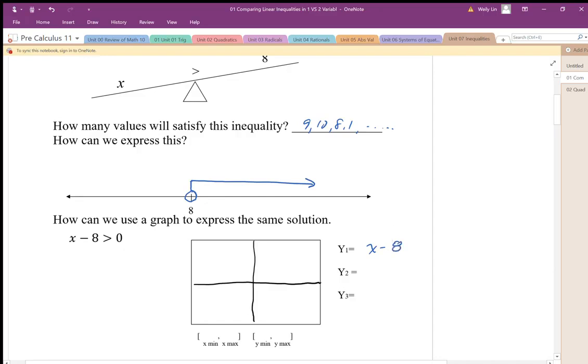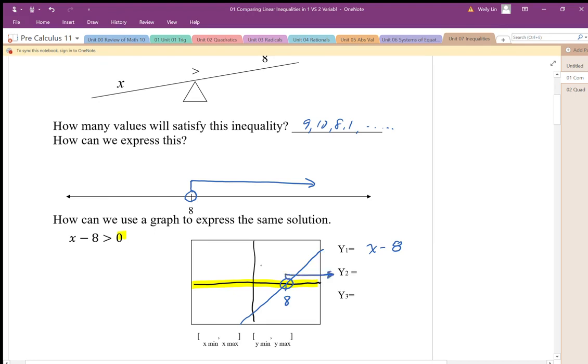The 0 is my x-axis, and I'm looking for where this graph, slope of 1, y-intercept of -8, is above the x-axis, or bigger than 0. It's going to be above the x-axis at 8, not including 8 because it's equal to 0 there, and all these numbers this way.